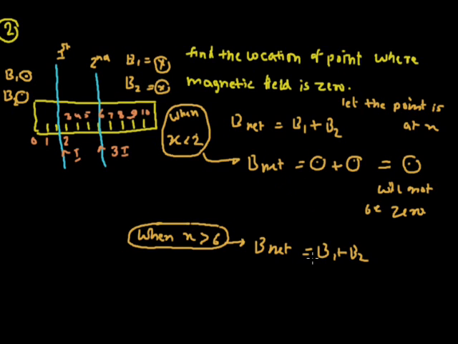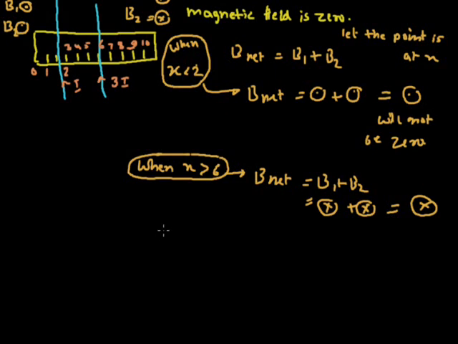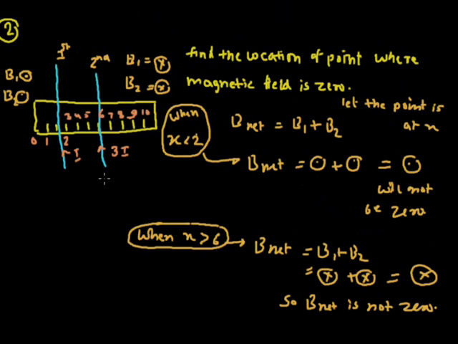So the net magnetic field will not be zero. The net direction is inward. Okay, so net magnetic field will not be zero at any location.